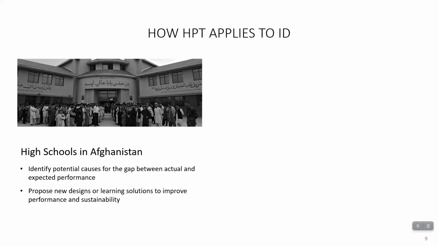As 3 different high schools in Afghanistan realized students were not meeting the predetermined performance goals, they implemented the HPT model and began an analysis of their performance goals, which identifies the potential causes for the gaps between actual and expected performance. In order to address performance gaps, these high schools were to propose new designs or learning solutions to improve performance and performance sustainability.